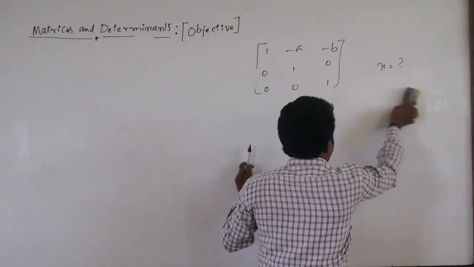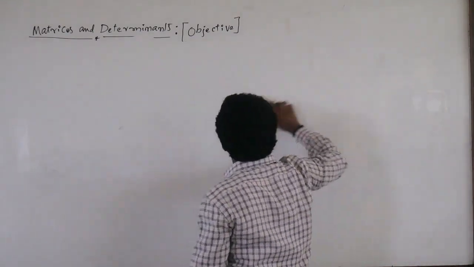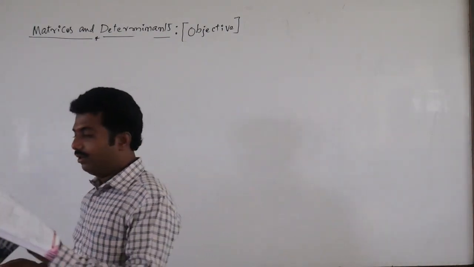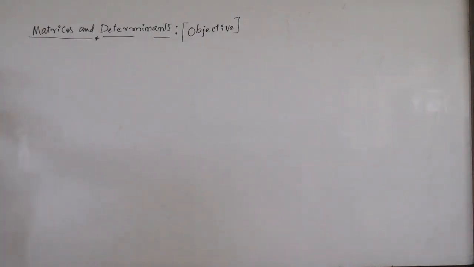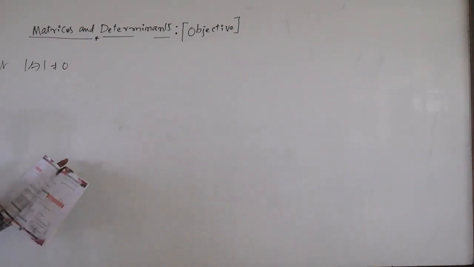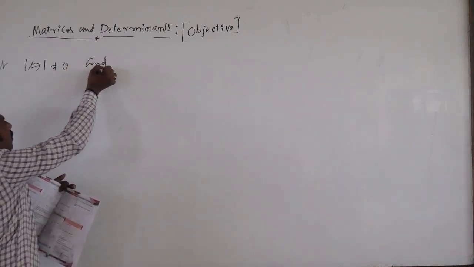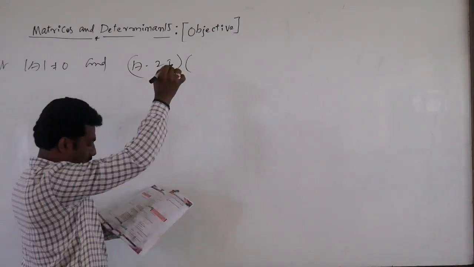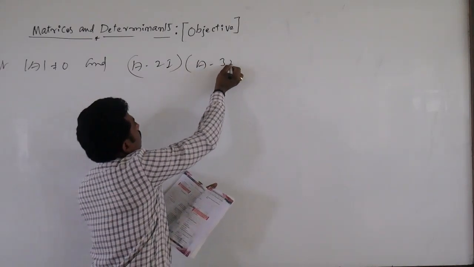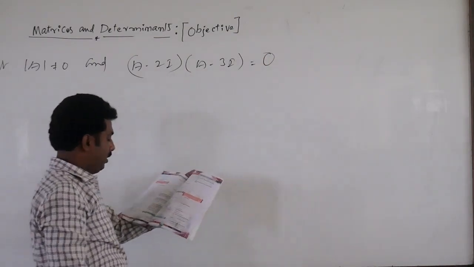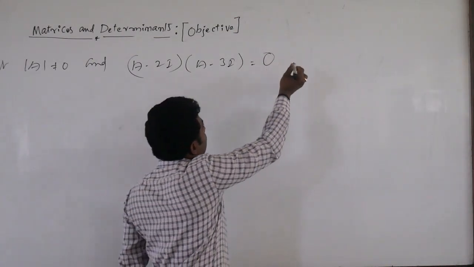Next question, number 50. If the determinant of A is not equal to 0 and (A minus 2I) into (A minus 3I) equals the null matrix, then they are asking for A inverse.